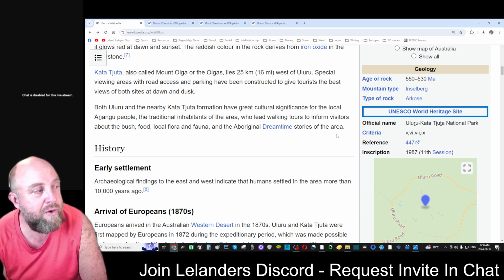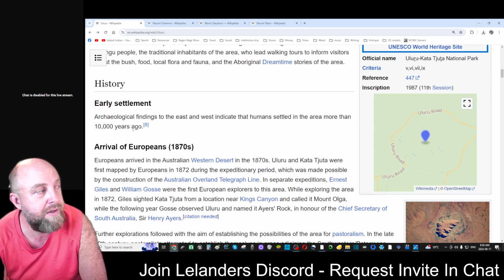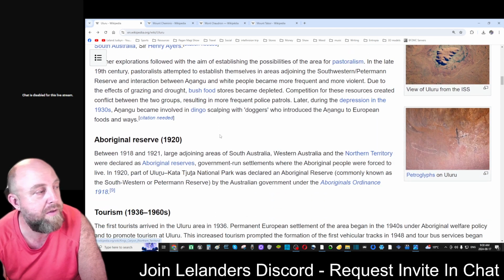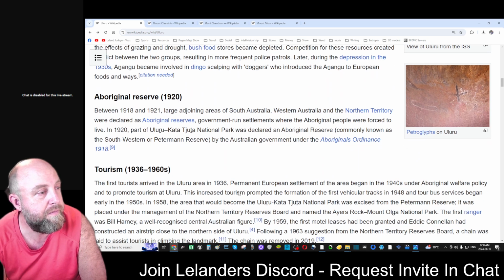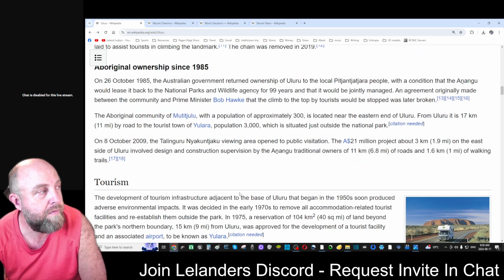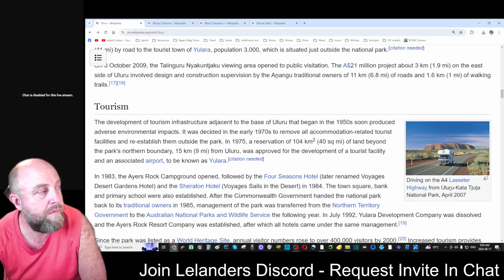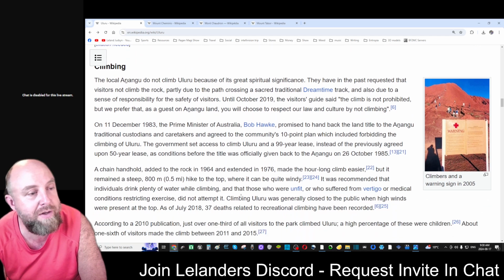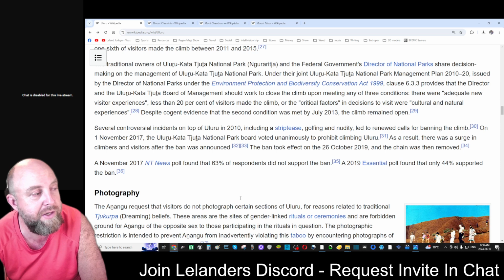There's Dreamtime stories, which are a big part of my family's culture and history, going back 10,000 years. It's nice that they've been able to preserve it and it didn't get destroyed by mining. You can just imagine the minerals that are in it.